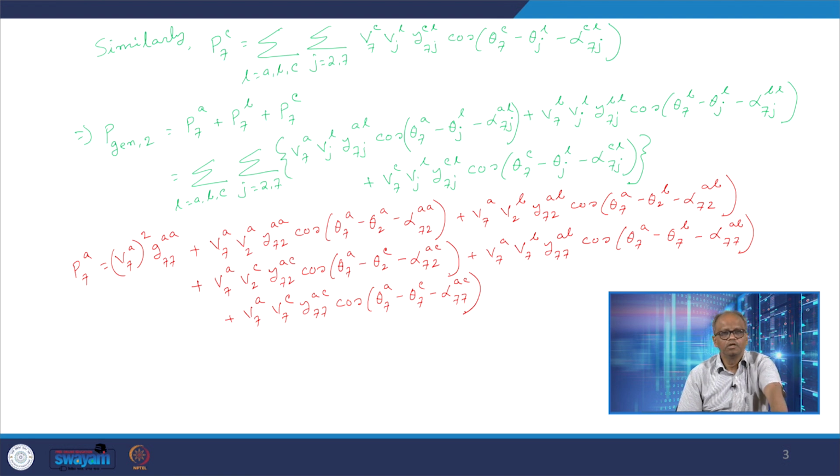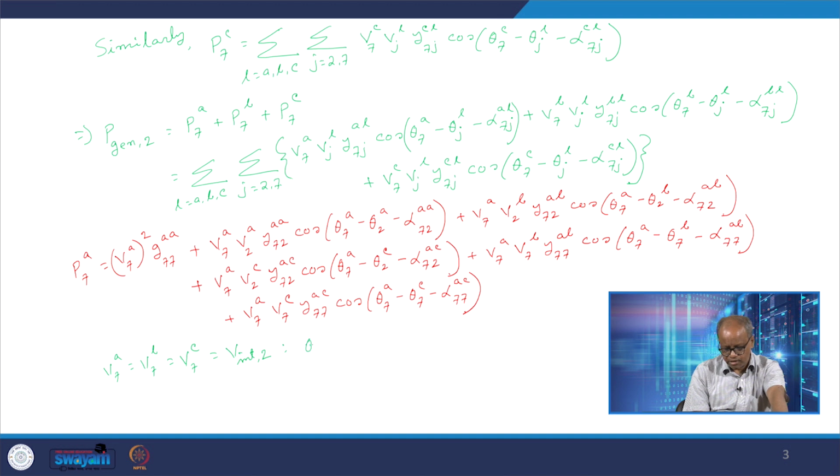Now please note, bus 7 is the internal bus. Because bus 7 is the internal bus, we have these relations: V7A is equal to V7B is equal to V7C. We call it V internal 2. Why do we call it V internal 2? Because bus 7 is the internal bus of original bus 2. Because this is balanced, it is V internal 2.